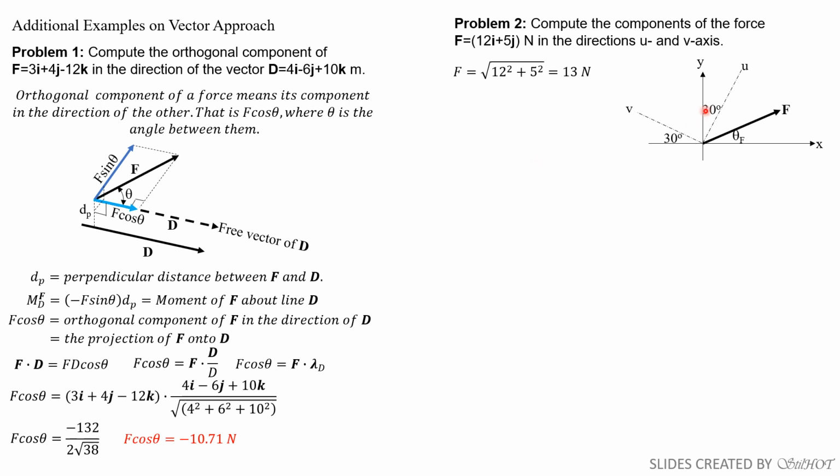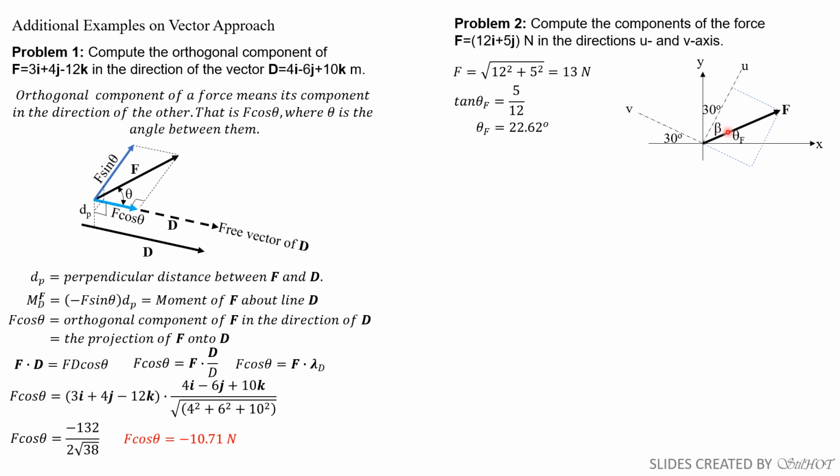So the component of F in the direction of U is F, magnitude of F cosine of this angle here. So tangent theta F equals 5 over 12. So theta F is 22.62 degrees. Then we can now compute this angle.